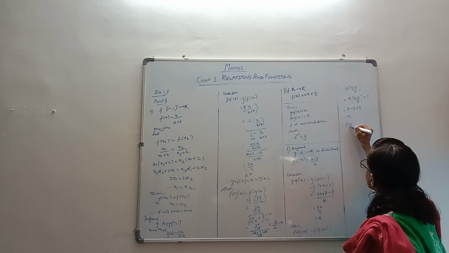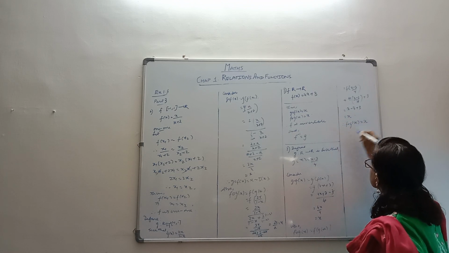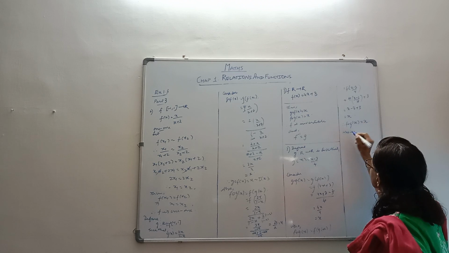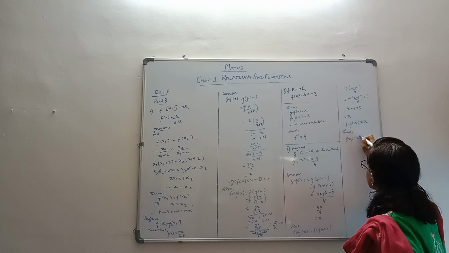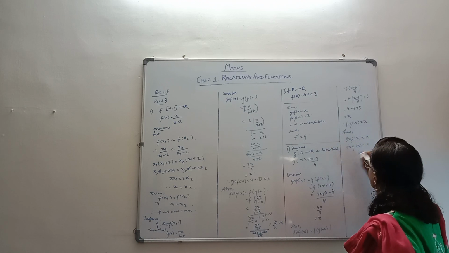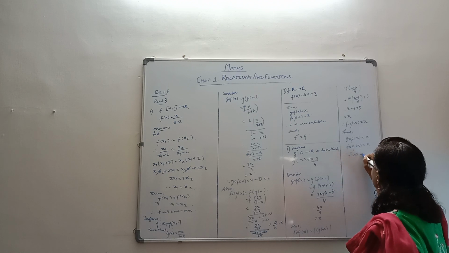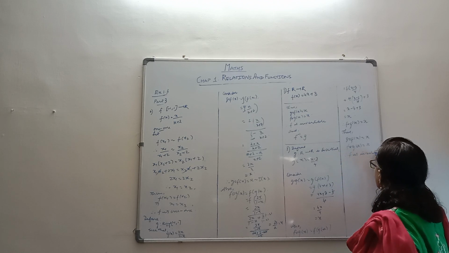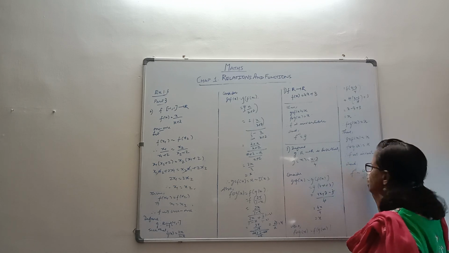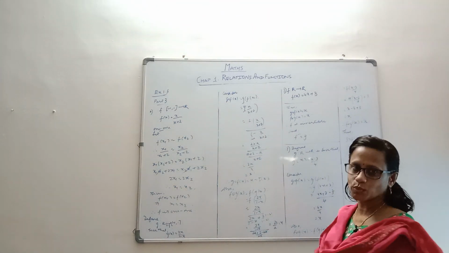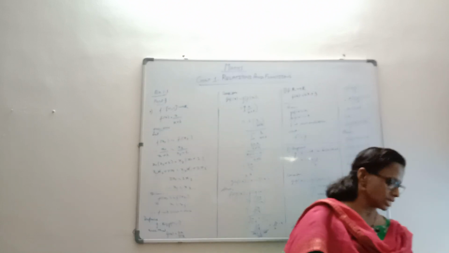Therefore f o g at x is x. Thus g o f at x is x and f o g at x is also x. Therefore f is invertible and f inverse is g. That's what they've asked us.